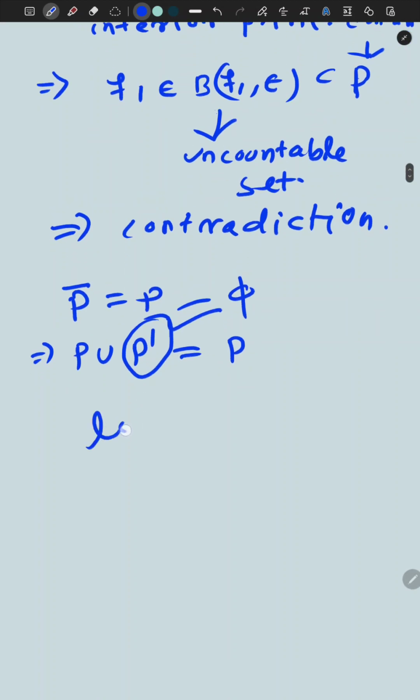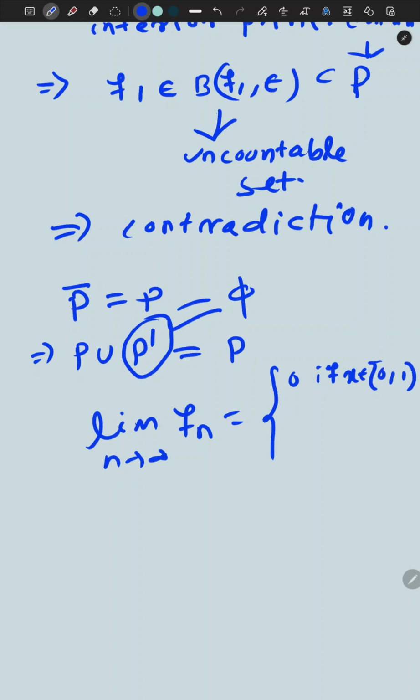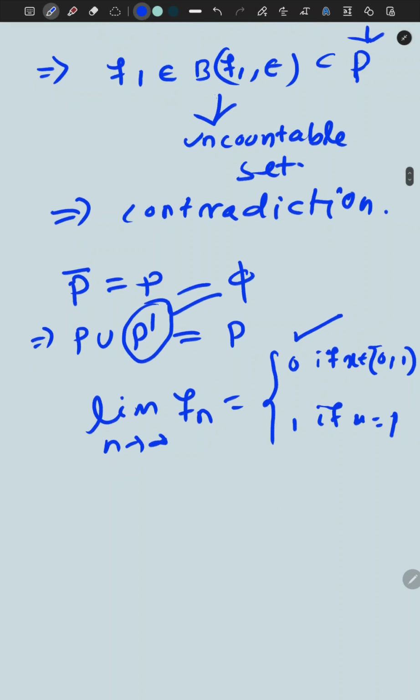Here the limit as n tends to infinity of f_n is 0 if x belongs to [0,1), and 1 if x equals 1. So clearly this limit function is a discontinuous function.